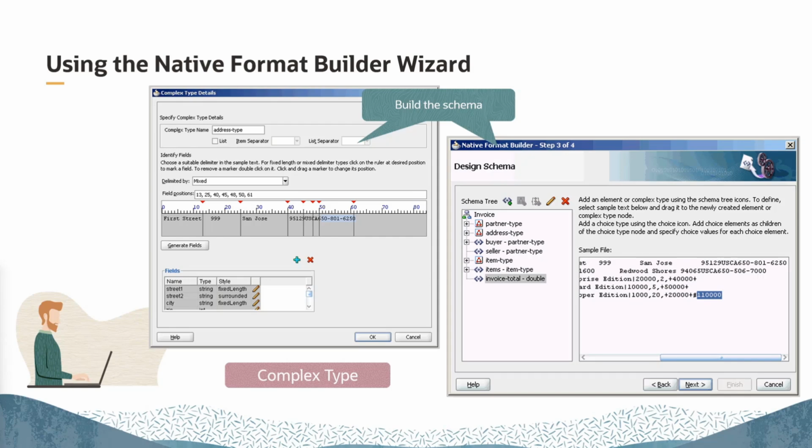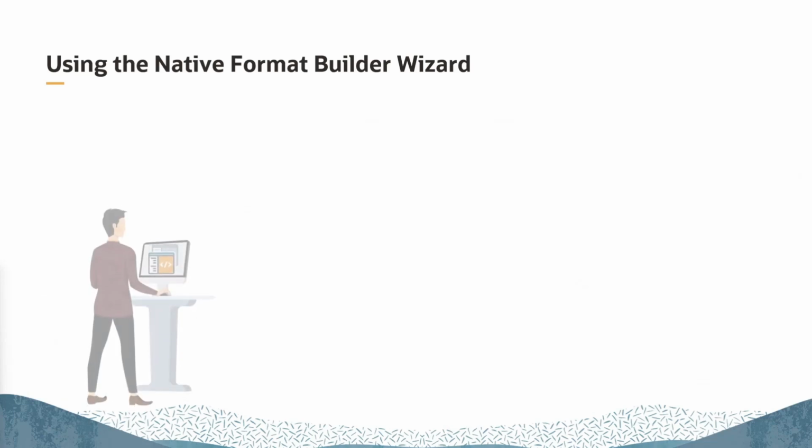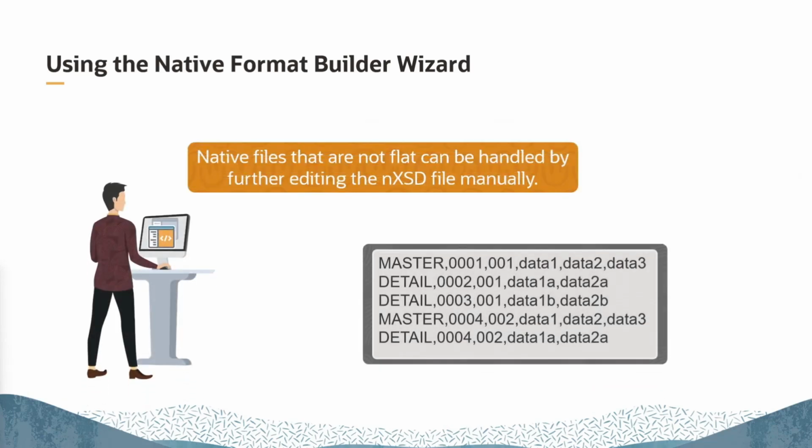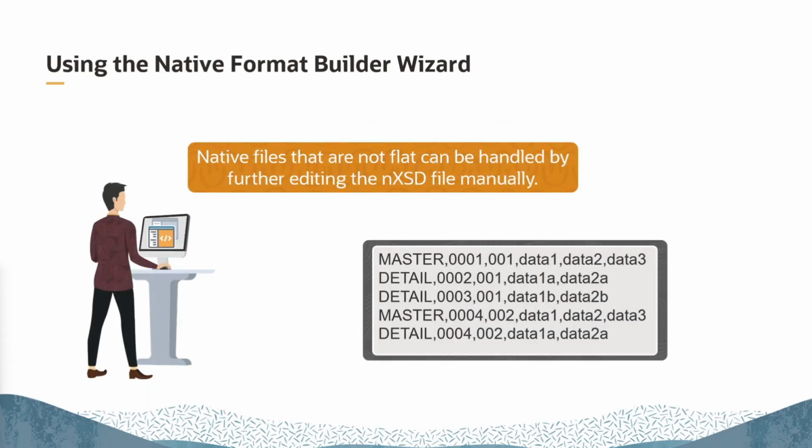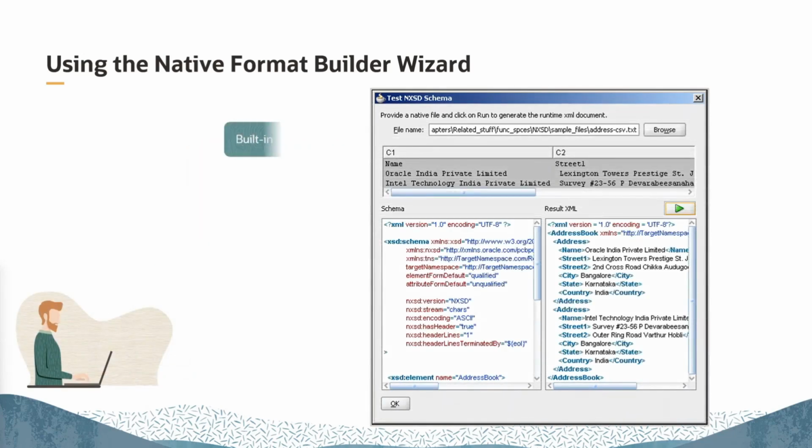The wizard also provides look-ahead attributes that enable you to specify regular expression patterns for filtering both fixed length and variable length records. However, there are some cases where certain native files, such as master detail records, will require additional manual editing of the NXSD file.